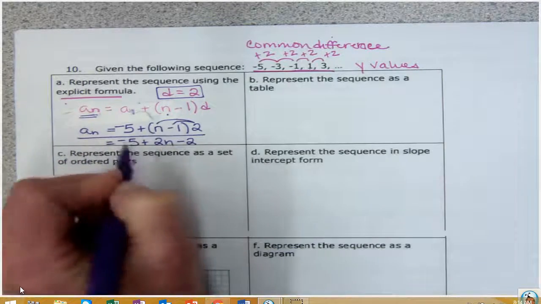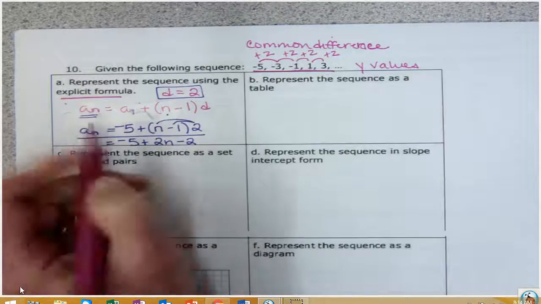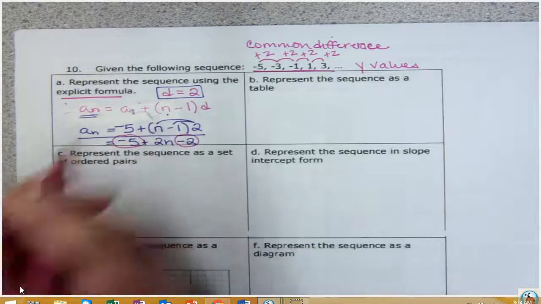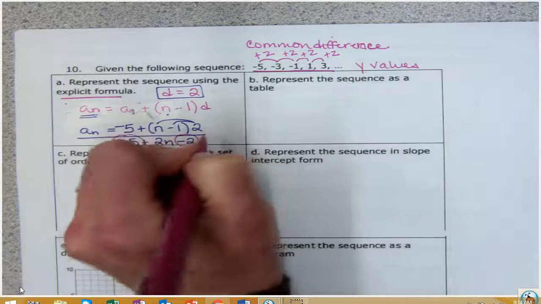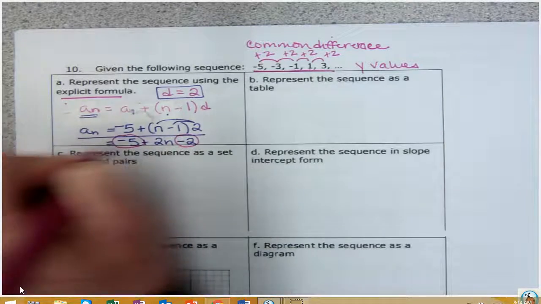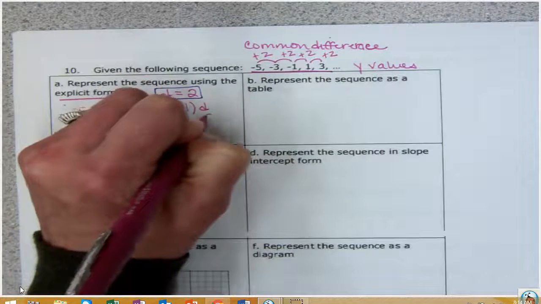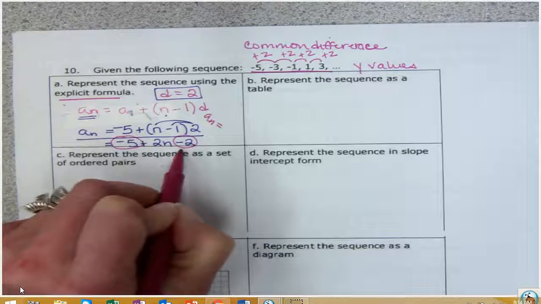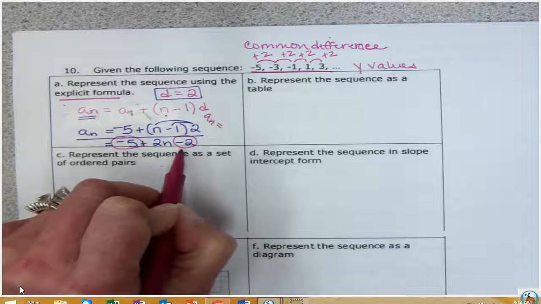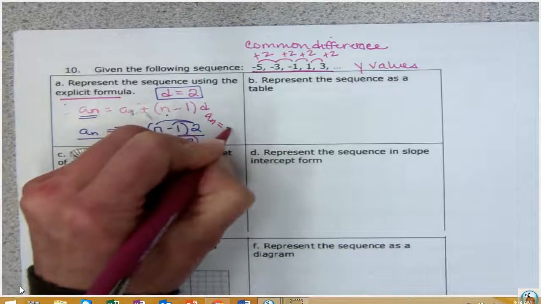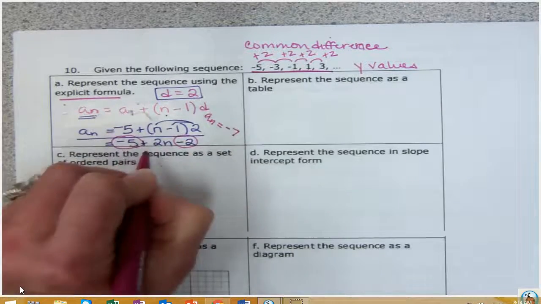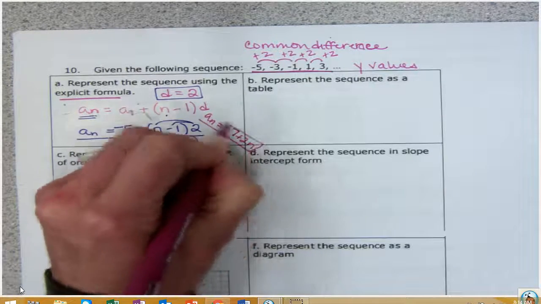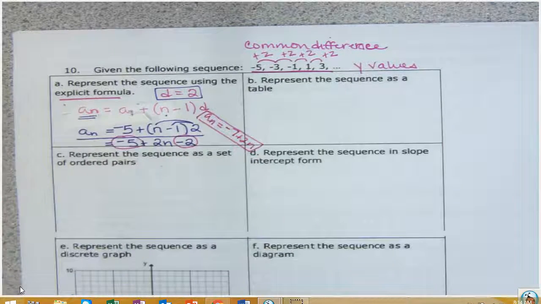And then you'd combine your like terms, and you would get your answer as, I ran out of space, a sub n equals this minus this, negative 7 plus 2n. That would be your equation.